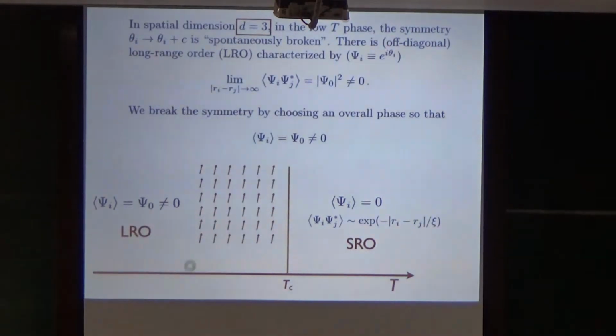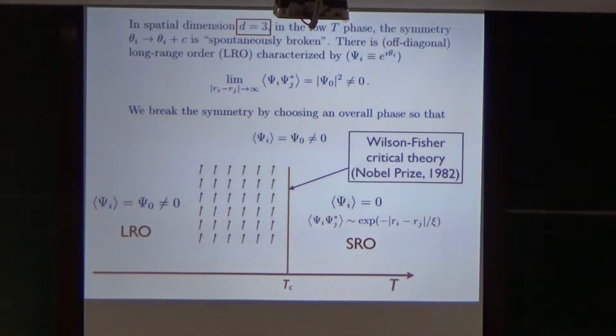There's a broken symmetry, which is the common angle that all the spins take at low temperatures. We also know the phase transition at TC extremely well. In the modern language, it's a conformal field theory, but I'm not going to say anything more about it. Understanding that phase transition led to the Nobel Prize in 1982.